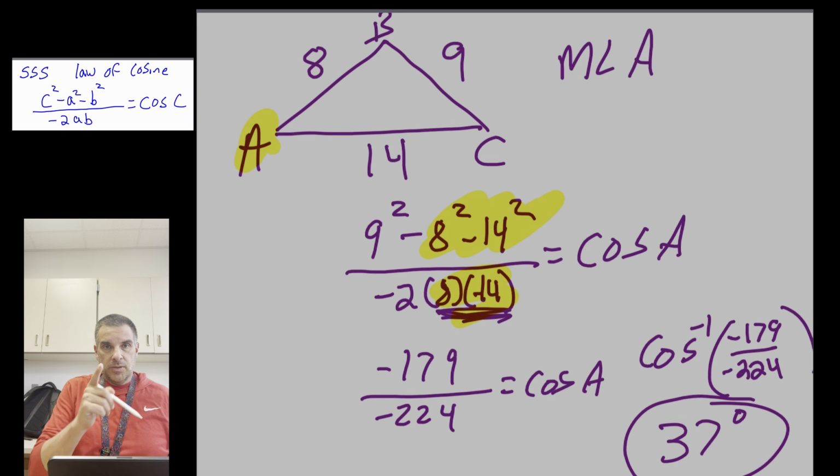Okay, so let's look at one more problem. You figure out which one you have to do. I'm going to put this problem up here. I want you to go ahead and do it. Pause. It might be a side, side, side, or it might be a side angle side.